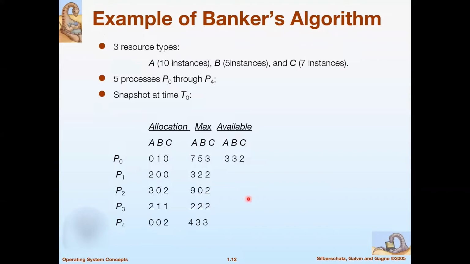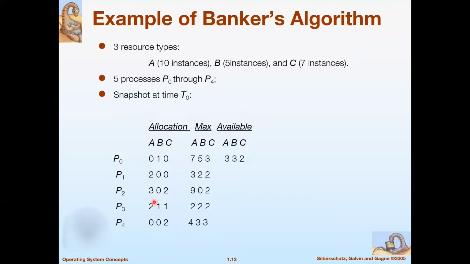To compute the available number of resources, we have to add up all the resources which are allocated to different processes. At this instance of time, a total of 7 instances of resource type A are given to different processes.